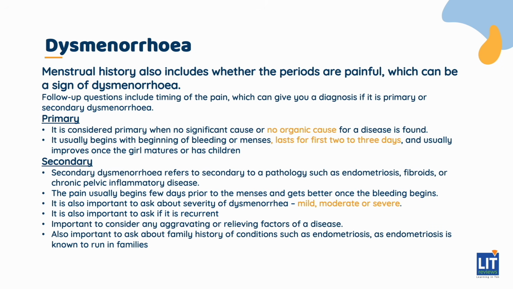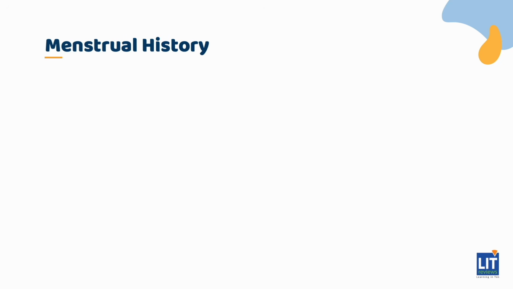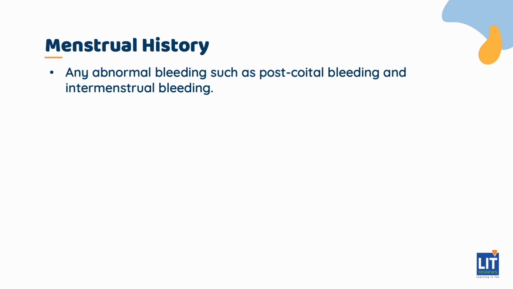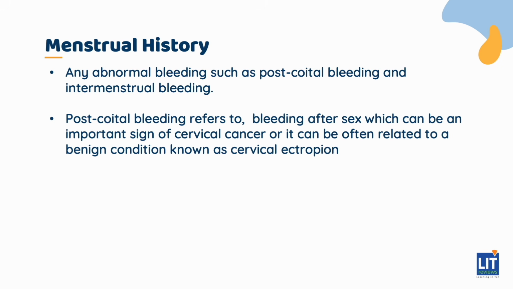It is also important to ask about family history of conditions such as endometriosis, as endometriosis is known to run in families. The last part of the menstrual history is to ask for any abnormal bleeding such as postcoital bleeding and intermenstrual bleeding.